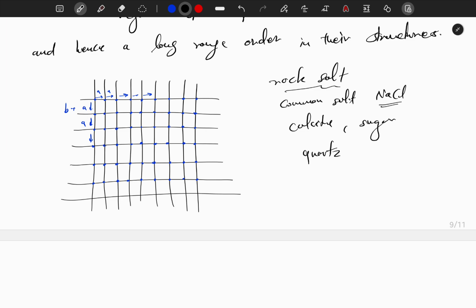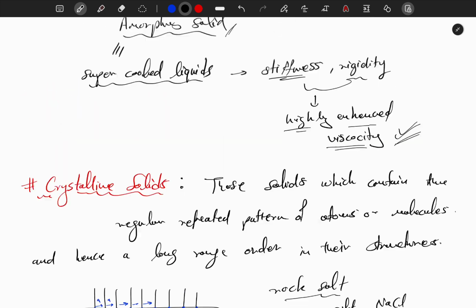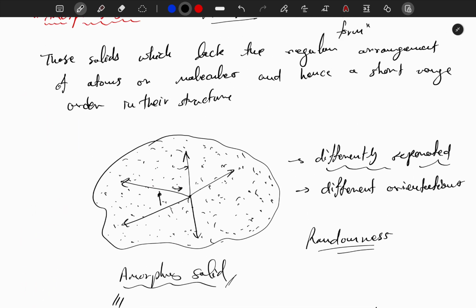And there is a single crystal, in which there is a regular periodic arrangement of atoms or molecules in 3 dimensions throughout their volumes. So these are crystalline and amorphous solids.